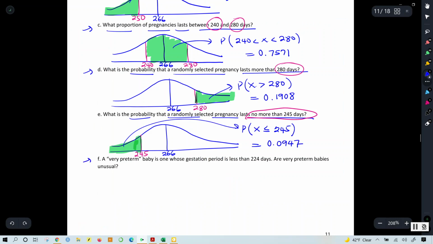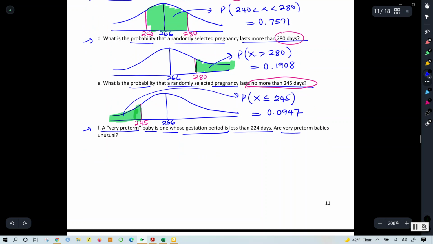Then question F. A very preterm baby is one whose gestation period or pregnancy period is less than 224 days. Are very preterm babies unusual? The steps here are as follows. Step 1, we're going to find the probability of a very preterm baby.